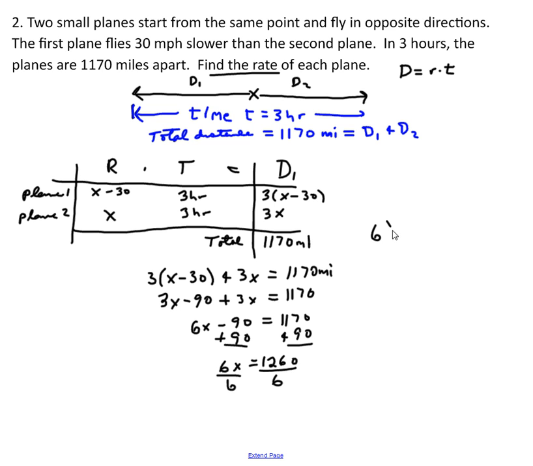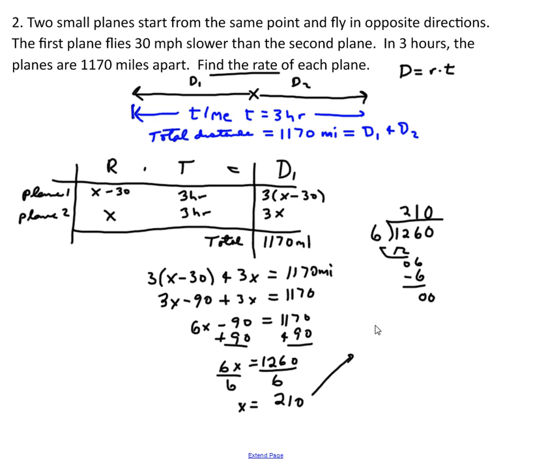So now we divide both sides by 6 and do a little bit of long division off to the side. I know 6 goes into 1260 how many times? Well, let's see. 6 goes into 12 twice, giving me 12. Subtract that away. So just bring down 6. 6 goes into 6 once. Subtract that away. 6 goes into 0 0 times, so x must be 210. Now, that's a nice number and all, but we need to make sure we put that in context. What we asked for was the rate of each plane.